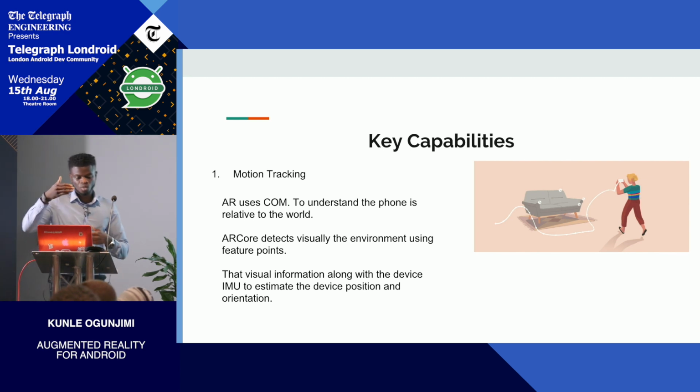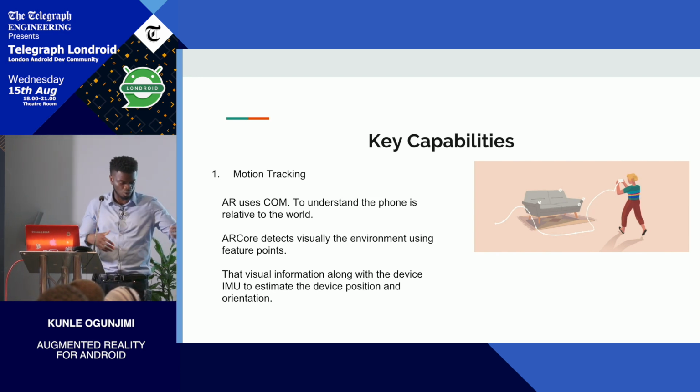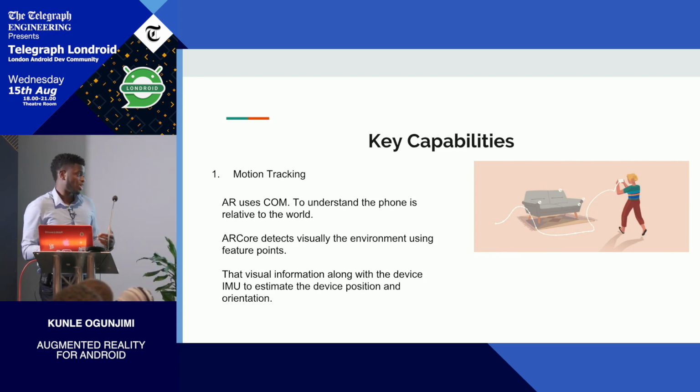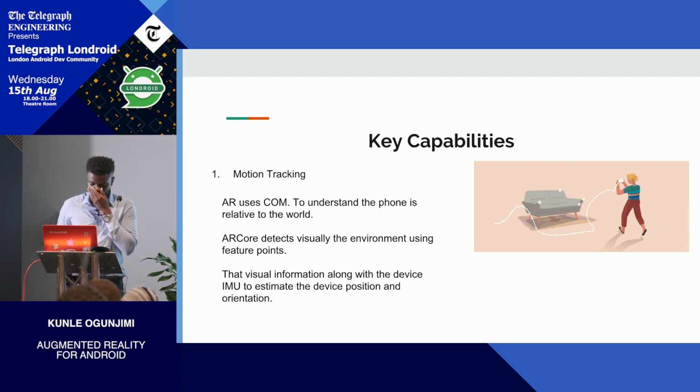It uses the camera visualization along with the device IMU, which is the inertial measurement unit, to understand the phone's position in the world, and that way it's able to build its ARCore experience.